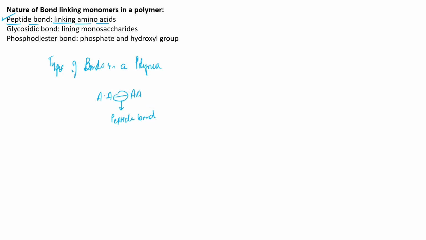And interestingly, the result of the formation of a peptide bond is the formation of water. Water is actually a byproduct in the peptide bond formation. Now why is water formed? Because the peptide bond formation mainly involves two important groups, the carboxyl group and the amino group.